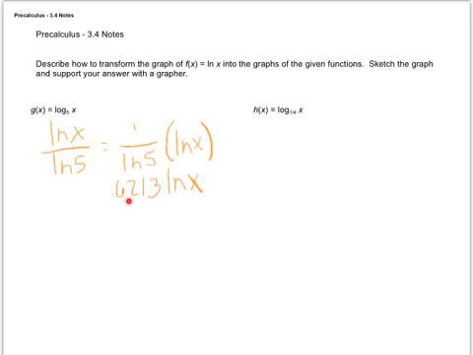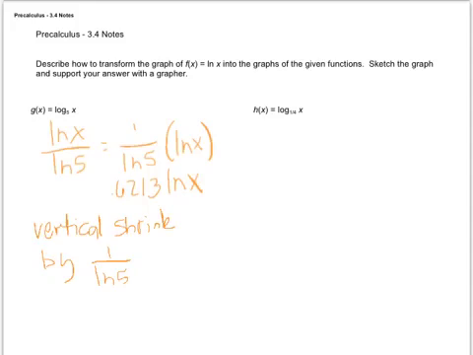Well, what is this number doing right here? He's giving our graph a vertical shrink by a factor of 1 over the natural log of 5.